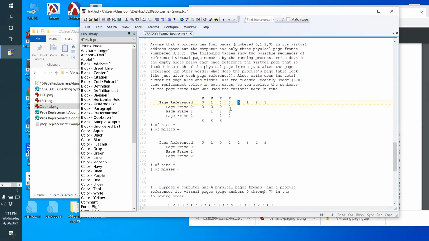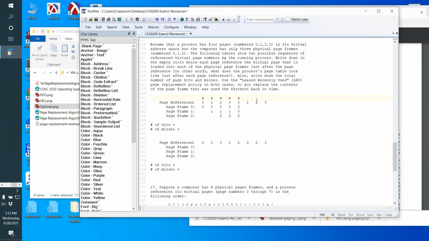In memory is 3, which was just brought in, so it's pretty recent. 1 was brought in before 2, so 1 is the one to kick out. We leave 3 and 2 in memory, and we replace 1 with 0. Okay, and that's a page fault. I'll put the page faults up on top.